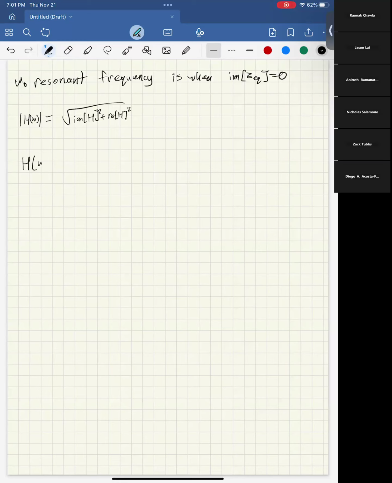The transfer function is nothing but the output over the input, which is the same as saying that the output is the transfer function times the input. And yeah, good luck on your quiz tomorrow. I think that's it for the day.